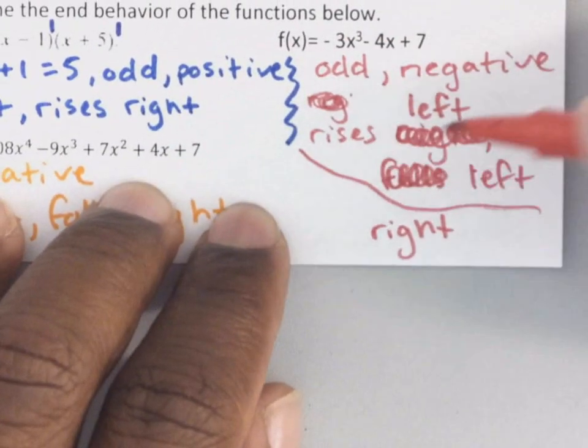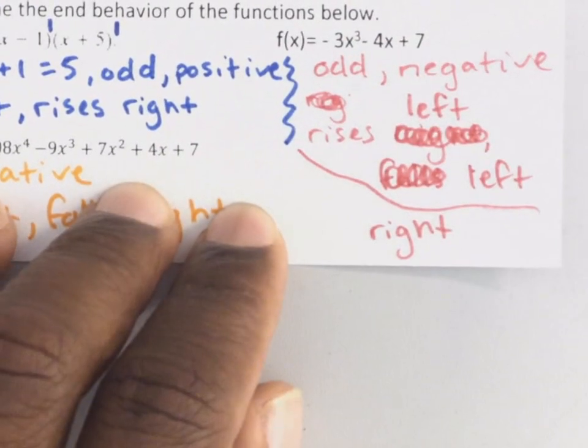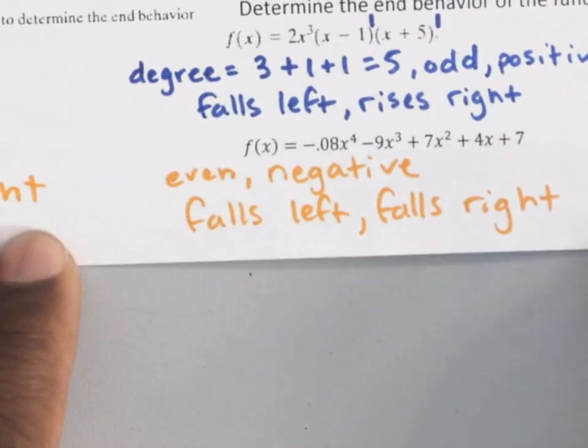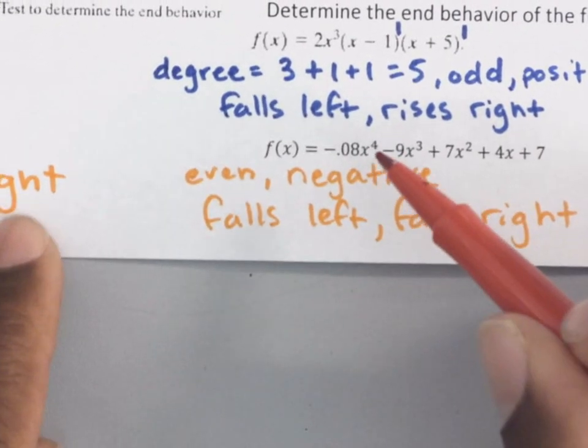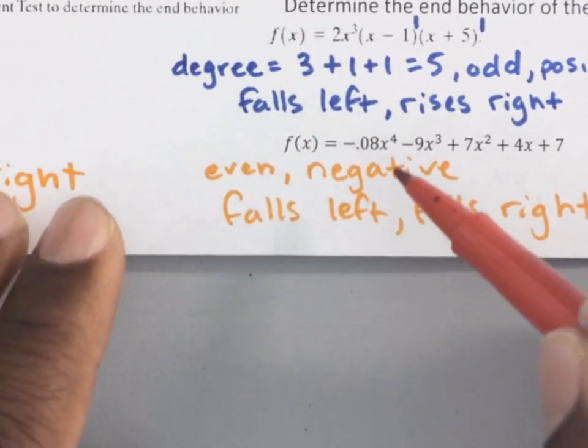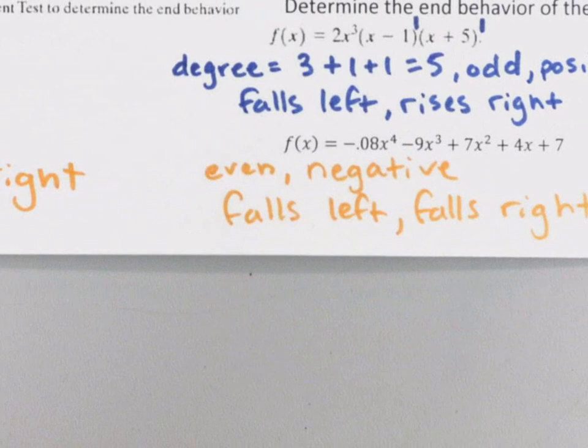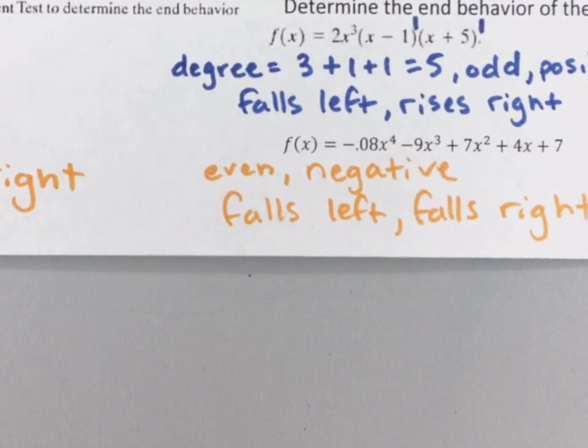All right. Rises left, falls right. So it's kind of downhill. Good with that one? And then we got even, 4th degree, even number, and it's negative, even same direction, falls and falls. Falls and falls.